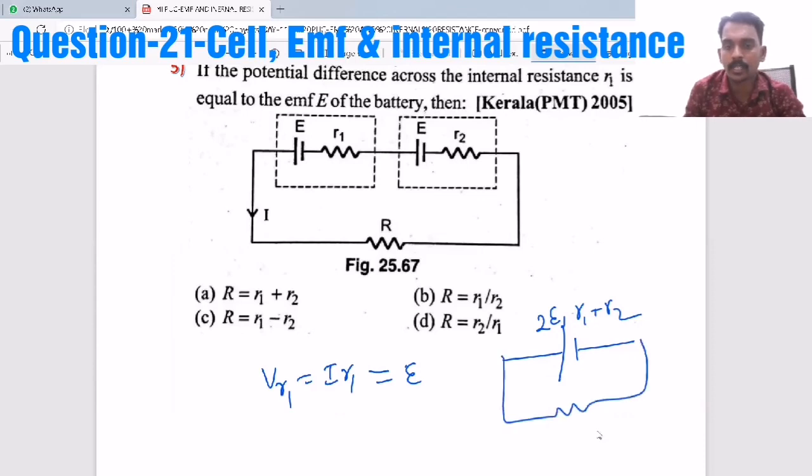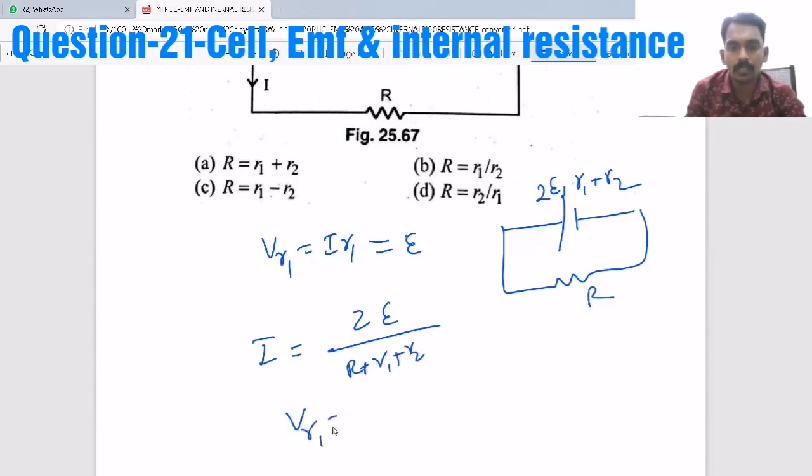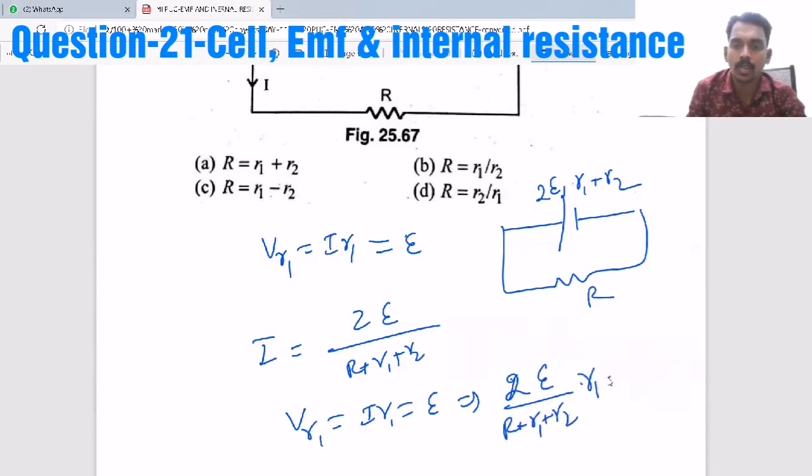Now it is connected across capital R. So the current in the circuit I will become 2 epsilon by R plus R1 plus R2. Now, V across R1 means I R1 equal to epsilon. So I is nothing but 2 epsilon by R plus R1 plus R2, into R1, equal to epsilon.